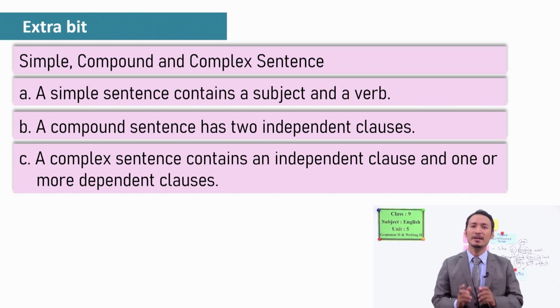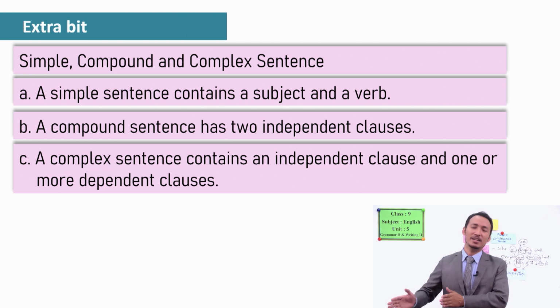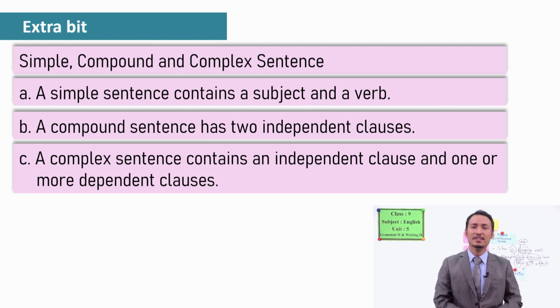It contains an independent clause and 1 or more dependent clauses. It can have different clauses added with different connectives like that, with, because. These are relative conjunctions or pronouns. They connect dependent clauses to the main clause. So that makes a complex sentence. You can have a look at the examples in your book.